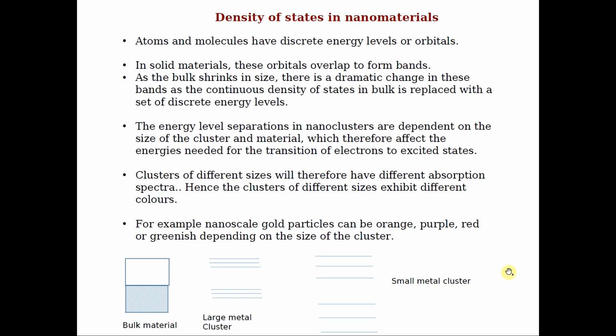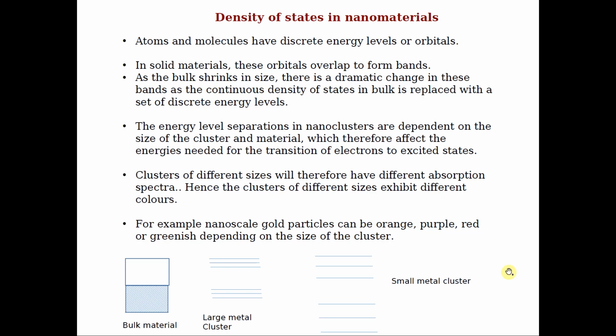It depends on how much the size has been reduced. Say I have a gold ring which was emitting yellow color. Emission takes place when there is a transition from a high energy level to a low energy level.